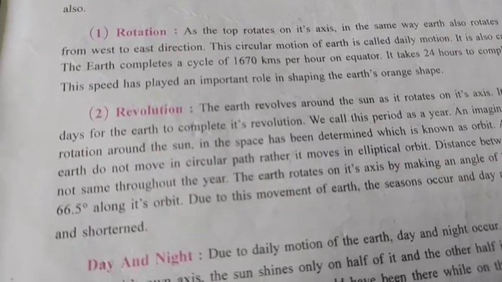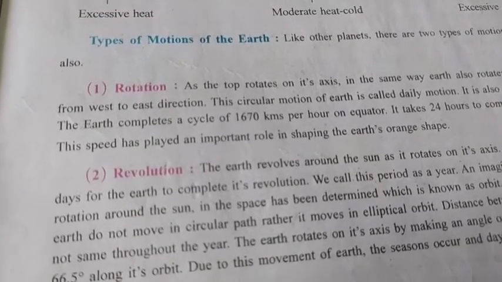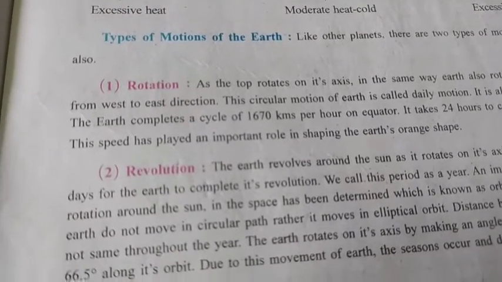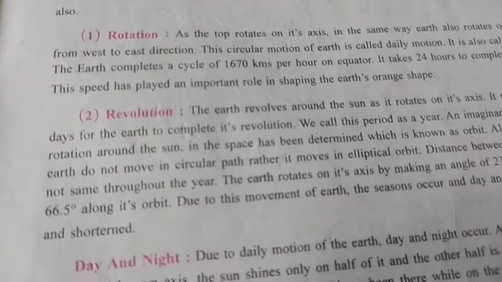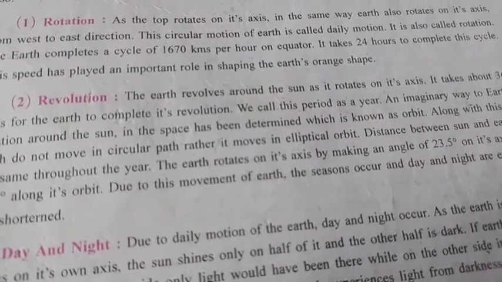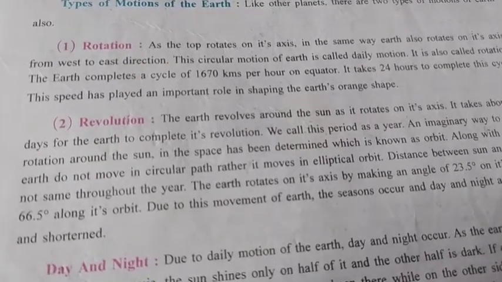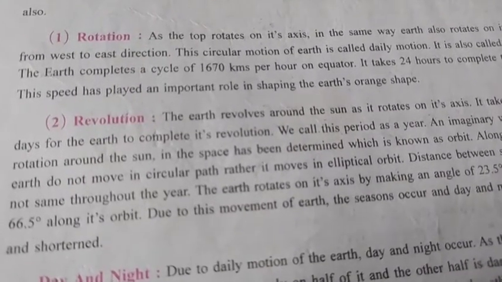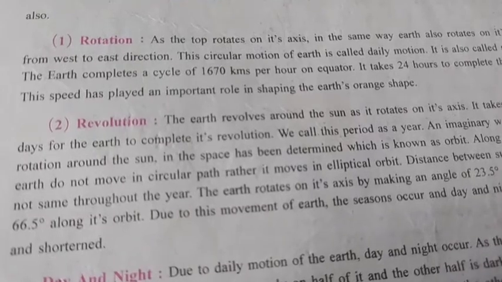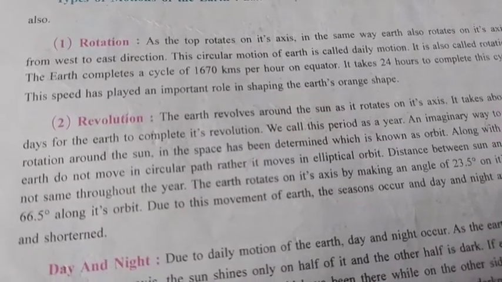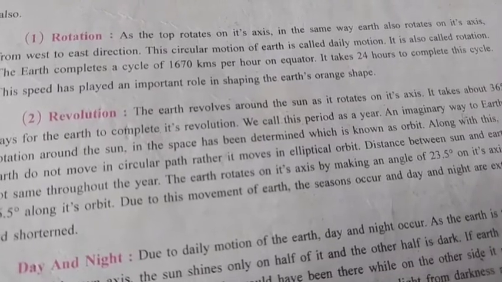So next is revolution. So two types of motion. First we saw rotation. Next is revolution. The earth revolves around the sun as it rotates on its axis. It takes about 365 days for the earth to complete its revolution. How much time? 365 days, 1 year. We call this period a year.